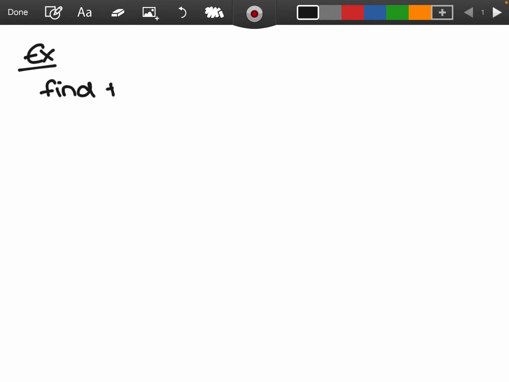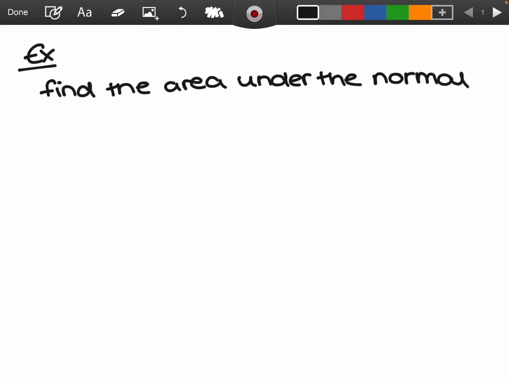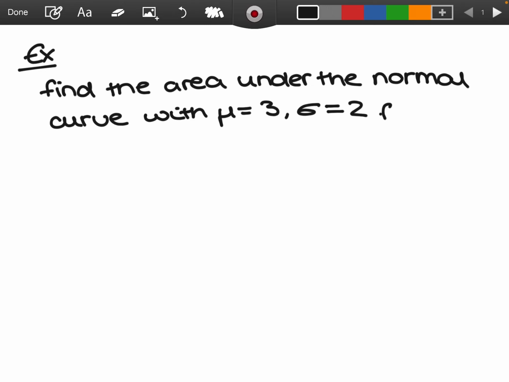I want to look at finding the area under the normal curve. So that's, remember, area is the same as probability. So I'm trying to find a probability here. Find the area under the normal curve where we've got a mean of 3 and a standard deviation of 2.